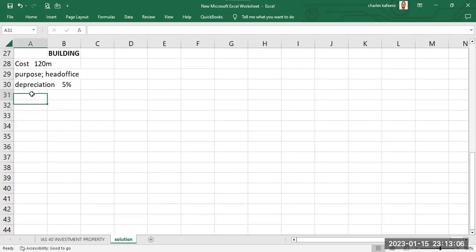Even if you don't write, but if you want, you could say the building will be accounted for under IAS 16 because it is going to be used as a head office.